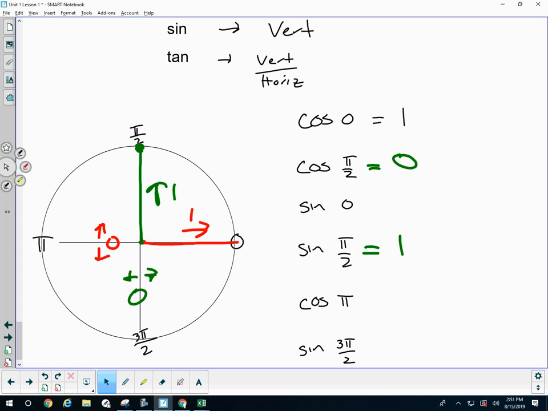How do you get to pi from here? What direction do I travel? Clockwise? No, from here. Left. That's the answer. You go left. How much do you go left?